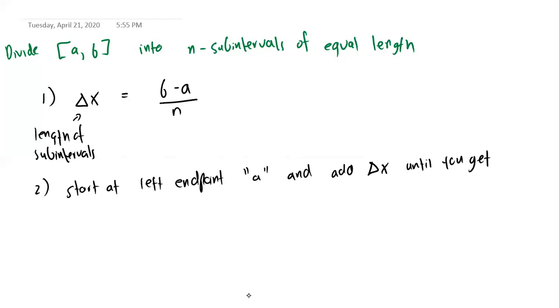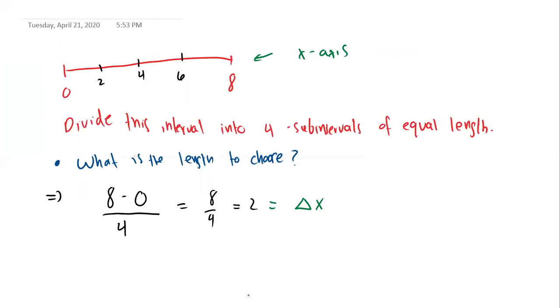That's the idea. And you see that's what we did here, right? So we found the change in x to be 2. I started at 0, added change in x once, that took me to 2. Added change in x again, that took me to 4. Added it again, that took me to 6. Added it again, that took me to 8. And it's as simple as that.